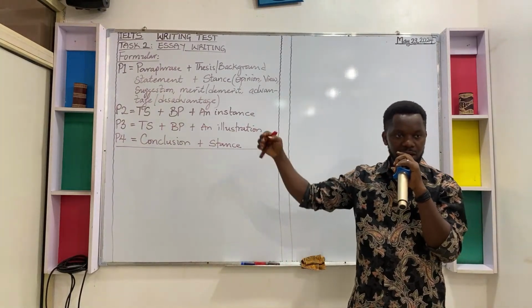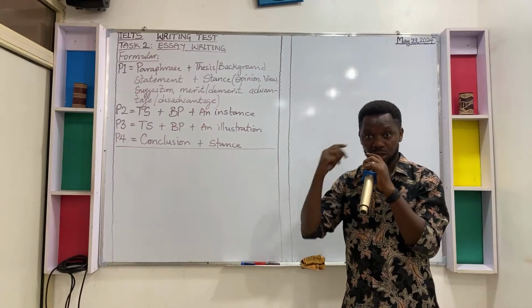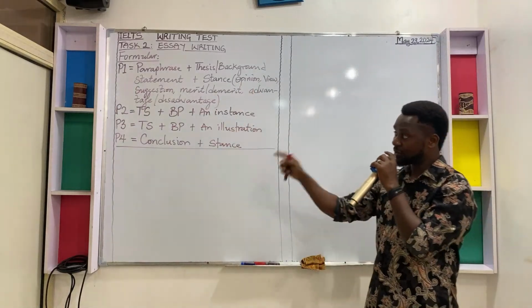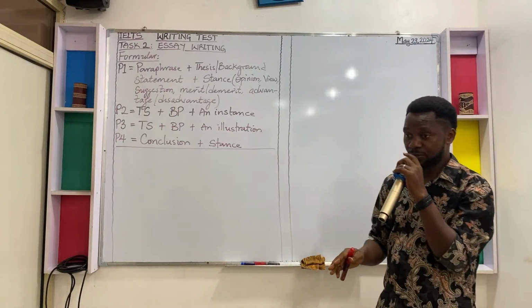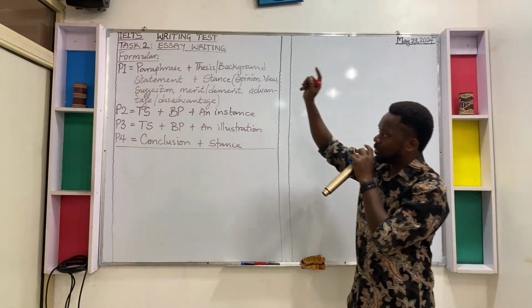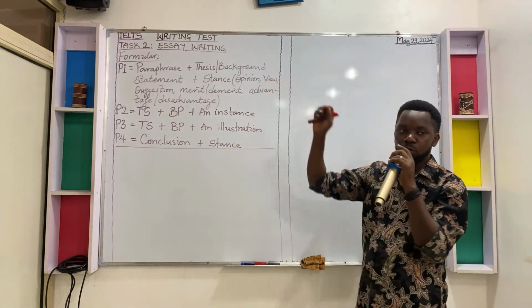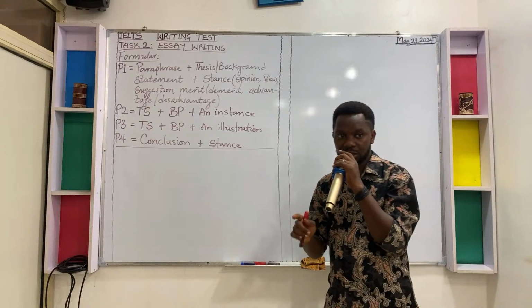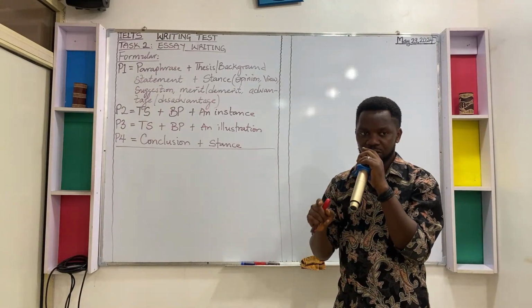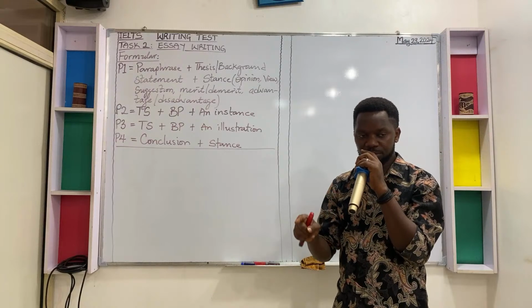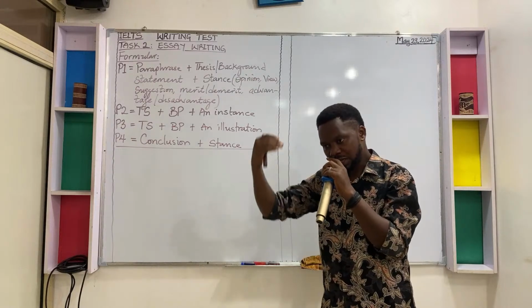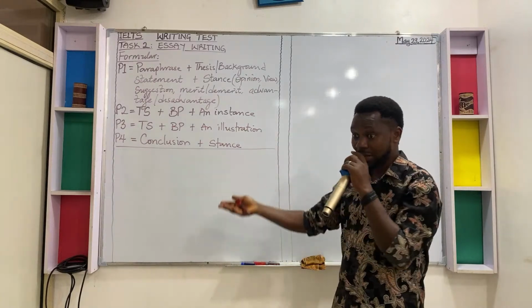Those are the paragraphs that explain in detail whatever it is you're meant to discuss according to the question. Then your 4th paragraph is the conclusion. Now, your first paragraph is the blueprint of your essay. From your paragraph 1 alone, the person marking your script, that's your examiner, can foretell what the other part of your essay will look like.